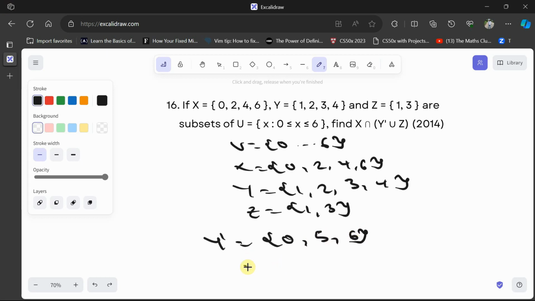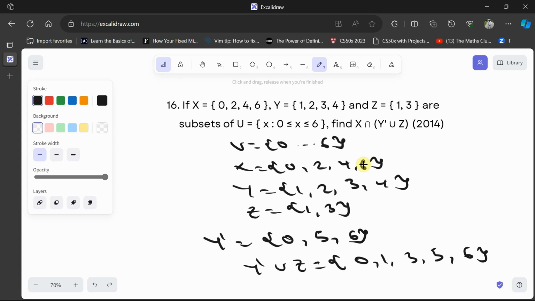So if I say Y prime union Z, you can say 0, 5, 6, 1, 3, fine, but I always try to keep mine in ascending order, so I don't lose track of it, especially when the values are very large. So this is like 0, 1, 3, 5, 6. Now we have this guy. So where does it intersect with X?